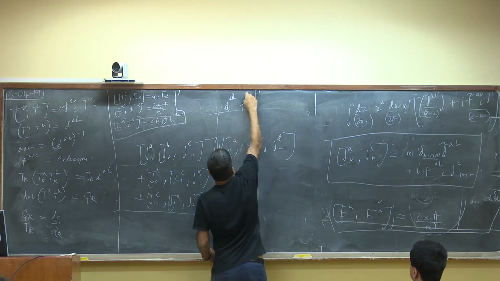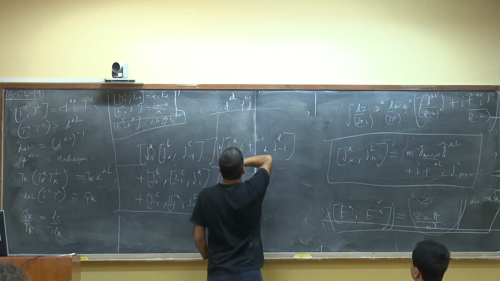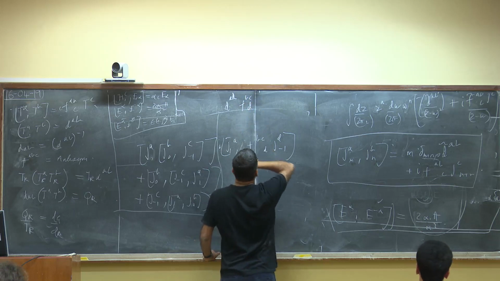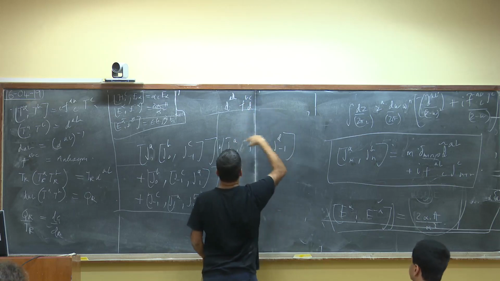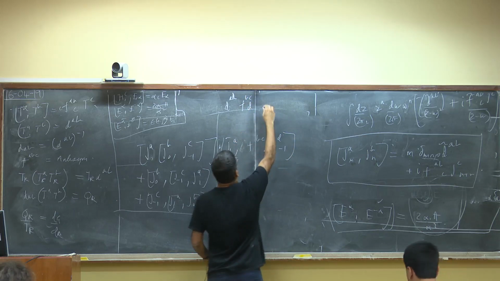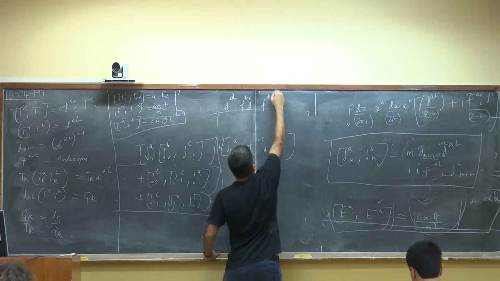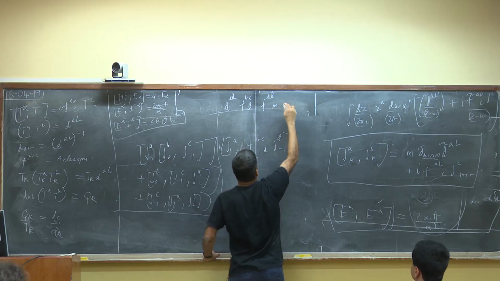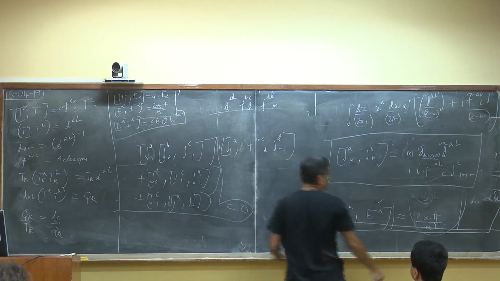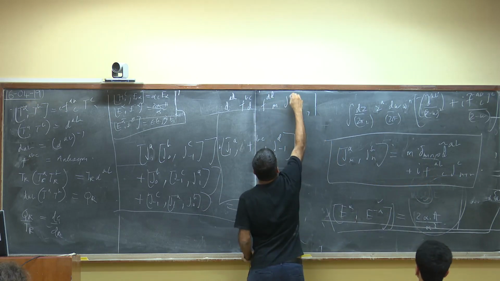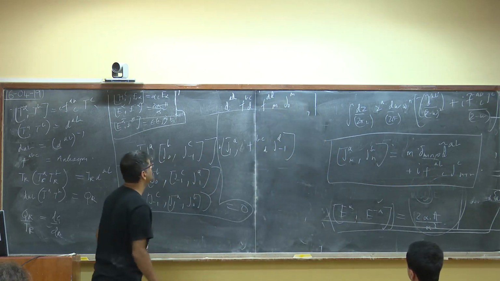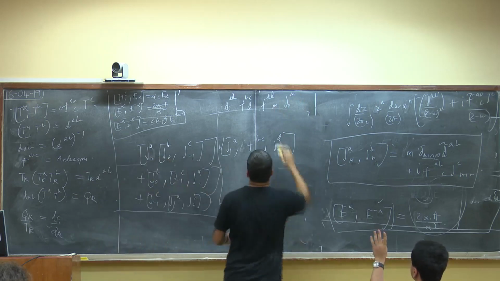So d tilde times f bcd and J1, J minus 1. So f adm, and then we get J0, J0m. Oh, sorry, I mixed it up.